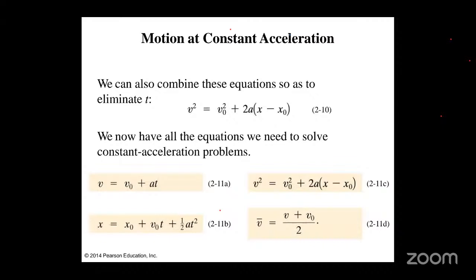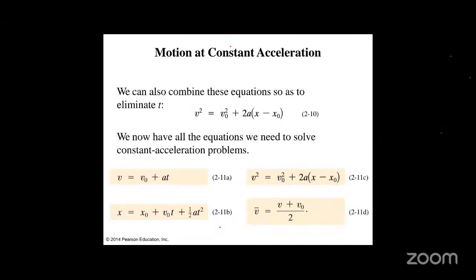V, the final velocity, is equal to the initial velocity plus... This is 1, this is 2, this is 3, and this is 4. These are the 4 equations of motion that you need to know.